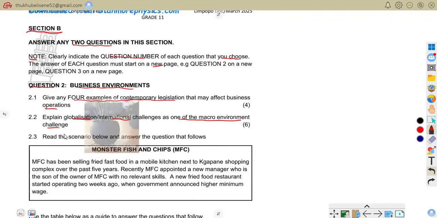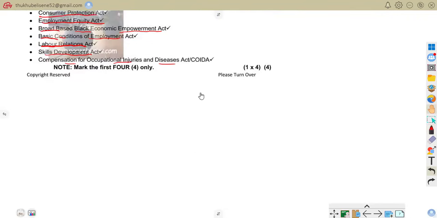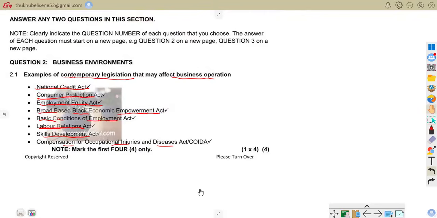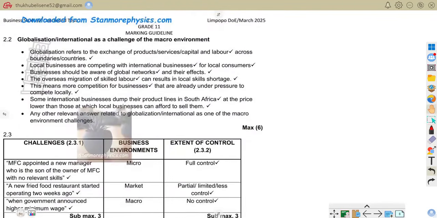That is where we're going to talk about globalization or international as a challenge of the macro environment. So let's quickly go to our answers as well.